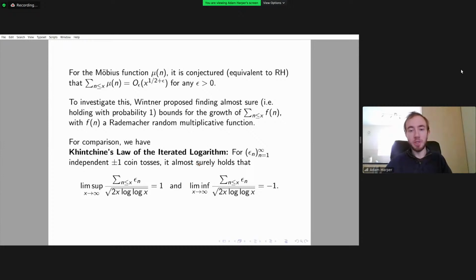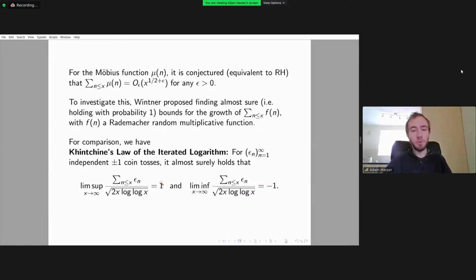And also almost surely, with probability 1, the lim inf of the same thing is minus 1. So with probability 1, the partial sums get as big as square root 2x log x sometimes, along some infinite sequence of x. And they get as small as negative square root 2x log x along some infinite sequence of x. And they don't get more positive or more negative than that, almost surely.